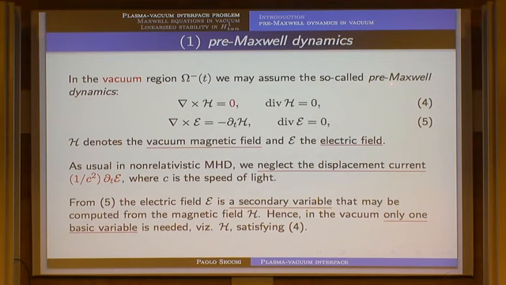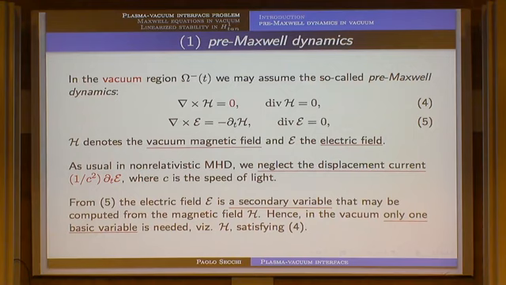Here you see in red, in the Maxwell equation, we have the displacement current, that often is neglected. We can neglect this term, just write 0 here. And this complete system 4 and 5 is this pre-Maxwell dynamics.